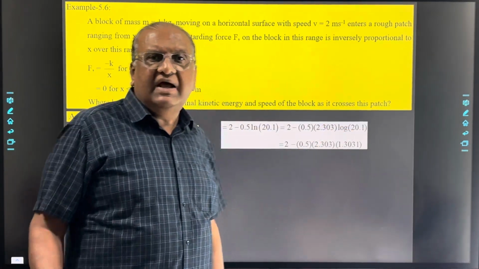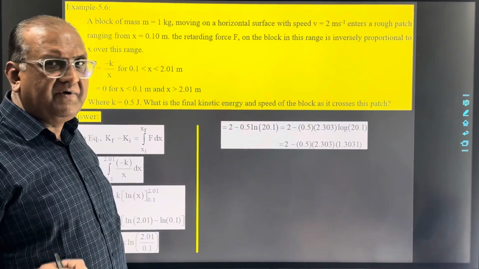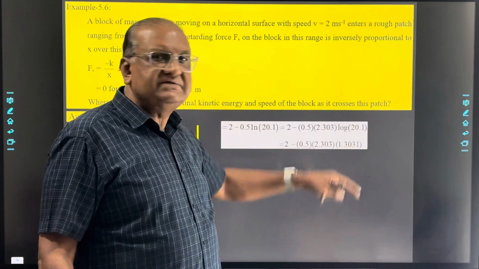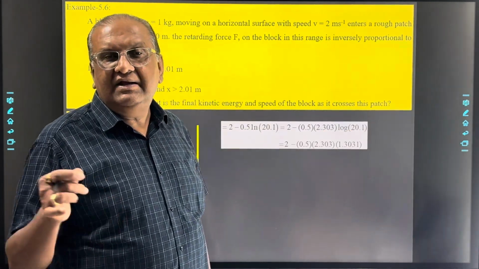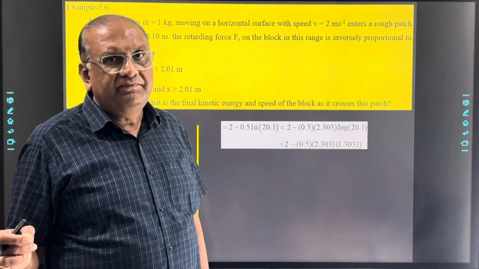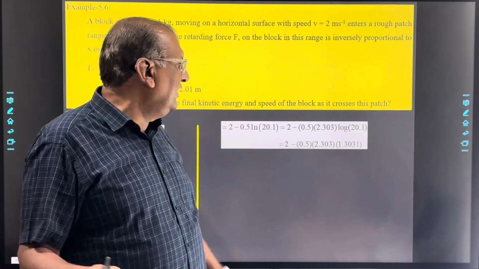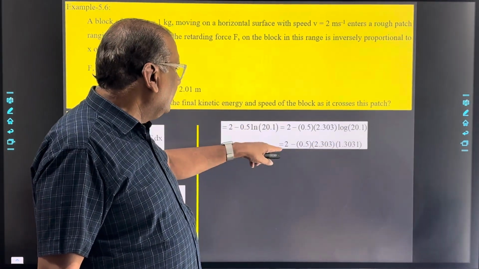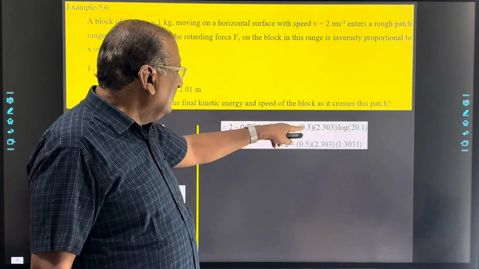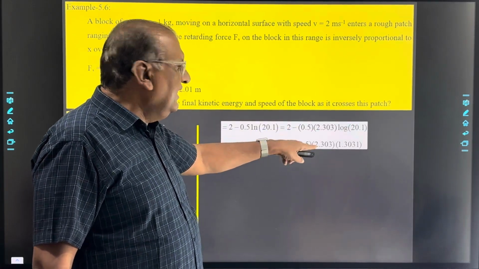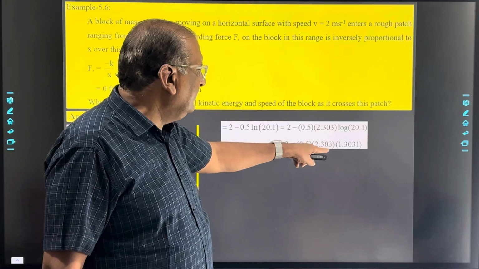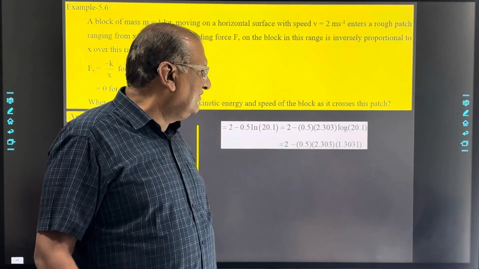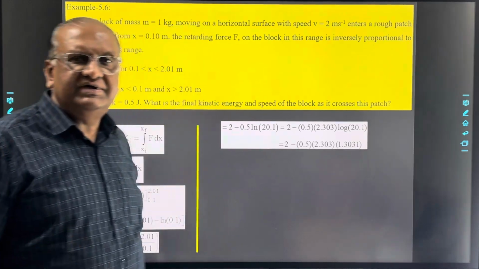log 20.1. Now from the logarithmic table find out the log of 20.1, that is of 20 and 1, and that is 1.3031. So now here we can write this is equal to 2 minus 0.5 into the factor 2.303 into log 20.1, that is 1.3031.